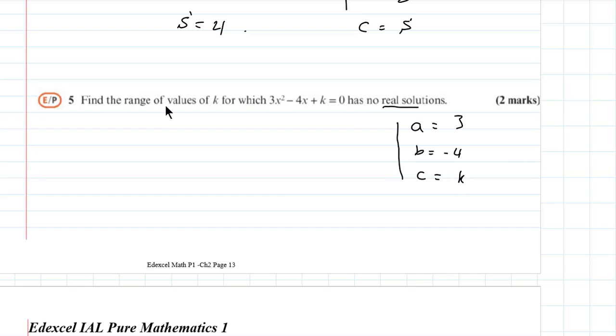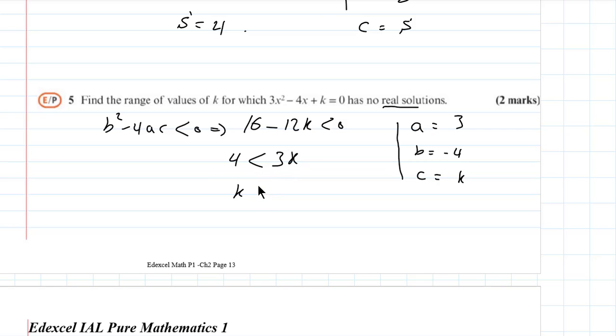No real solutions corresponds to b squared minus 4ac less than 0, which means that negative 4 all squared, which is 16, minus 4 times 3 times k, it will be minus 12k smaller than 0, moving this to here and dividing by 4, so I have 4 less than 3k, so k should be more than 4 over 3. Okay.